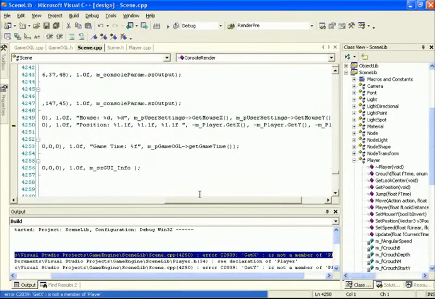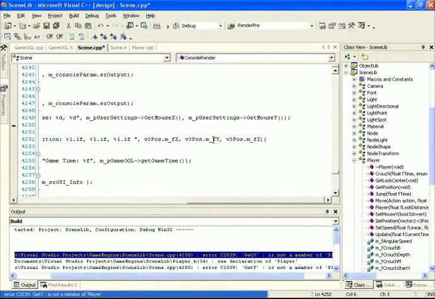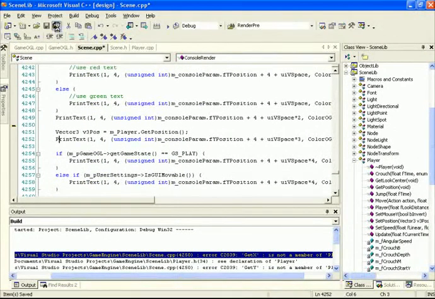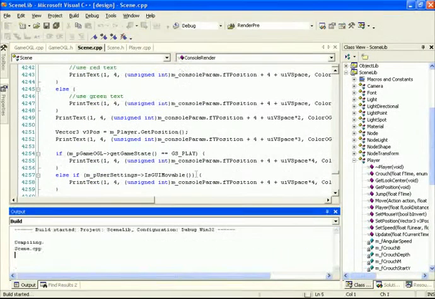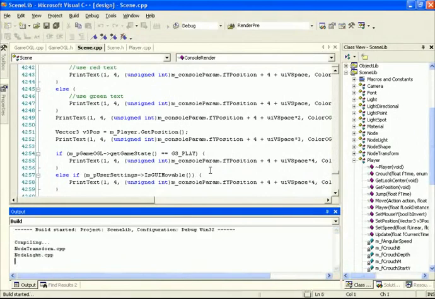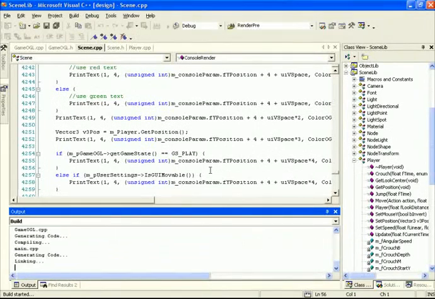So now again, we're going to get the player position and pass in x, y, z down to the very last parameters in here. Try recompiling again. And let's build it now. See if we've made all the changes needed so that we're using this new camera player model. I think I saw some errors up there.